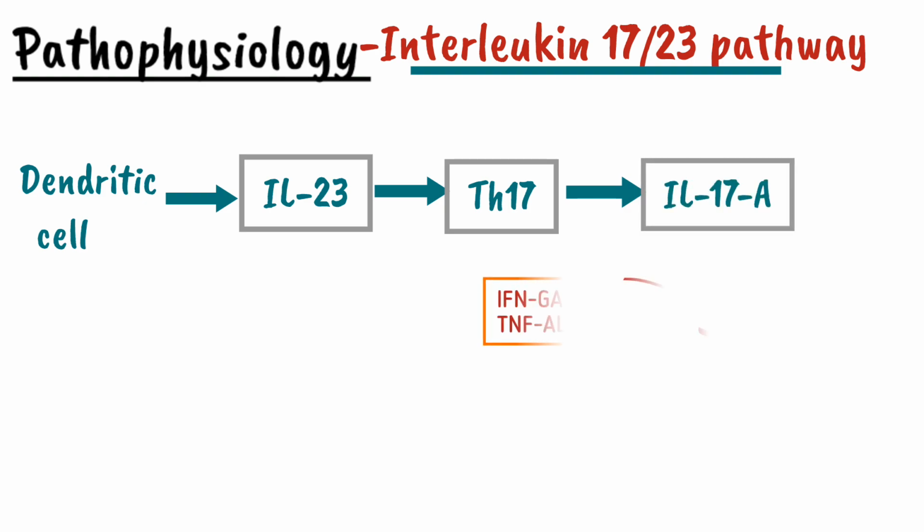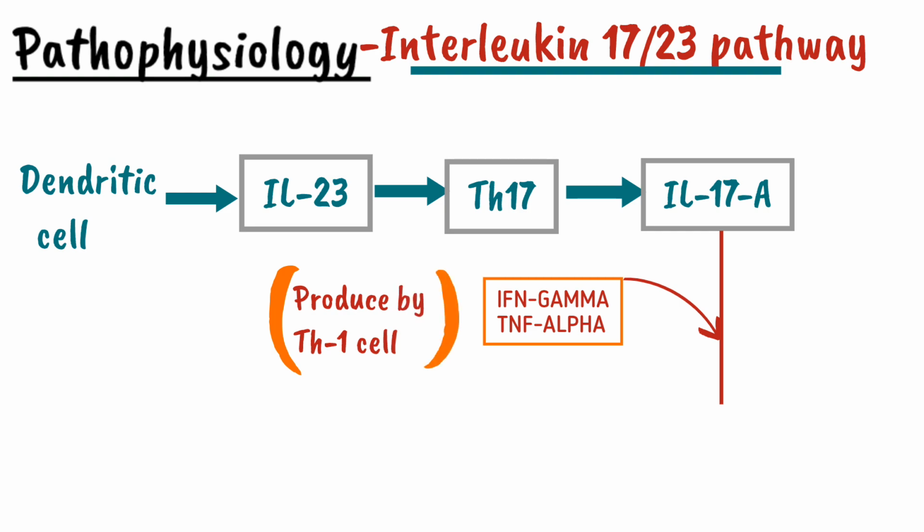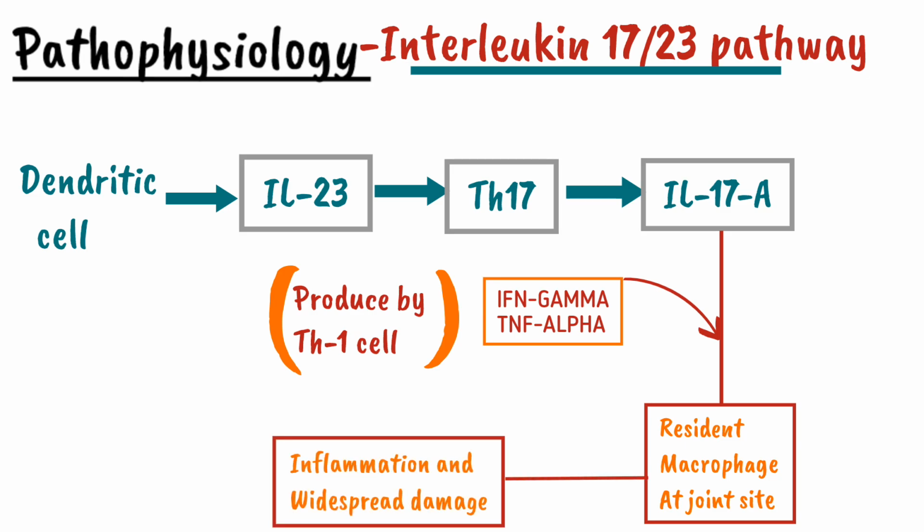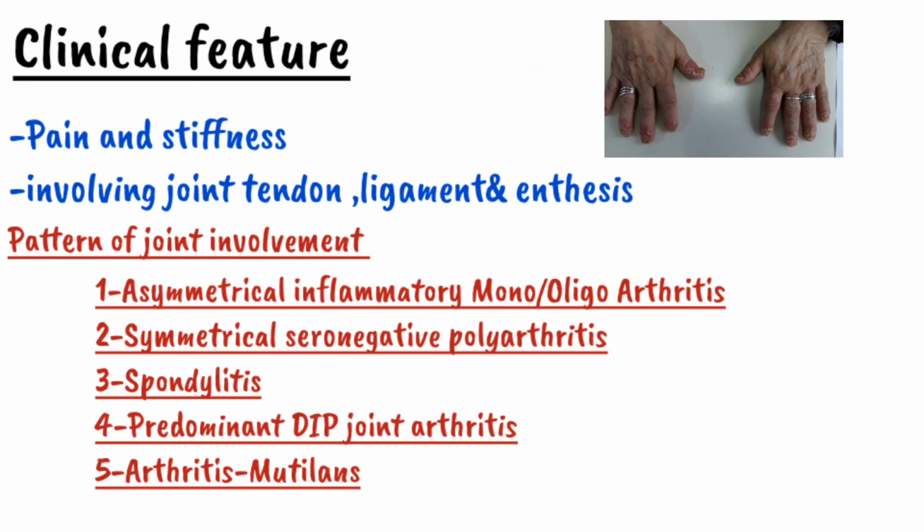This interleukin 17A, along with interferon gamma and TNF alpha produced by Th1 helper cells, acts on resident macrophages at the joint spaces. This causes production of more cytokines and leads to inflammation at the joint, leading to widespread tissue damage.